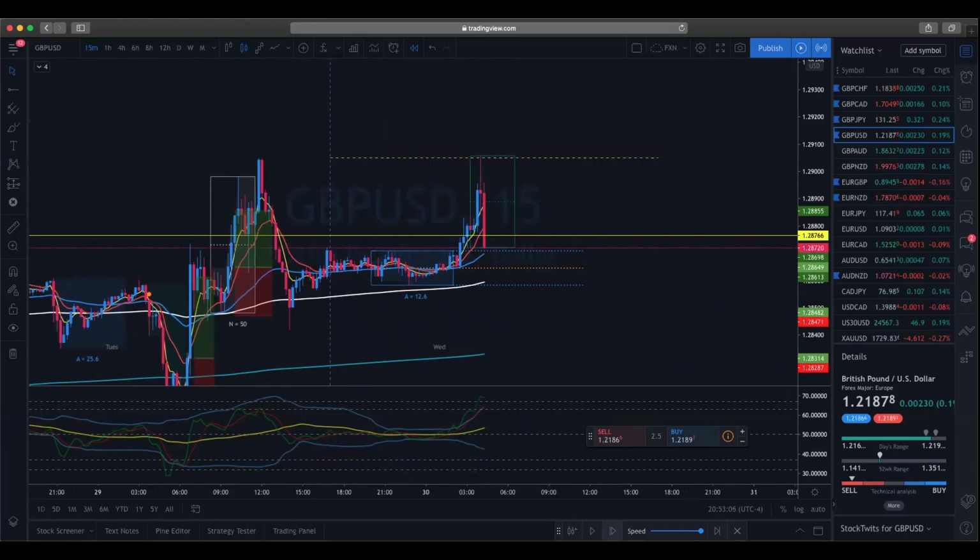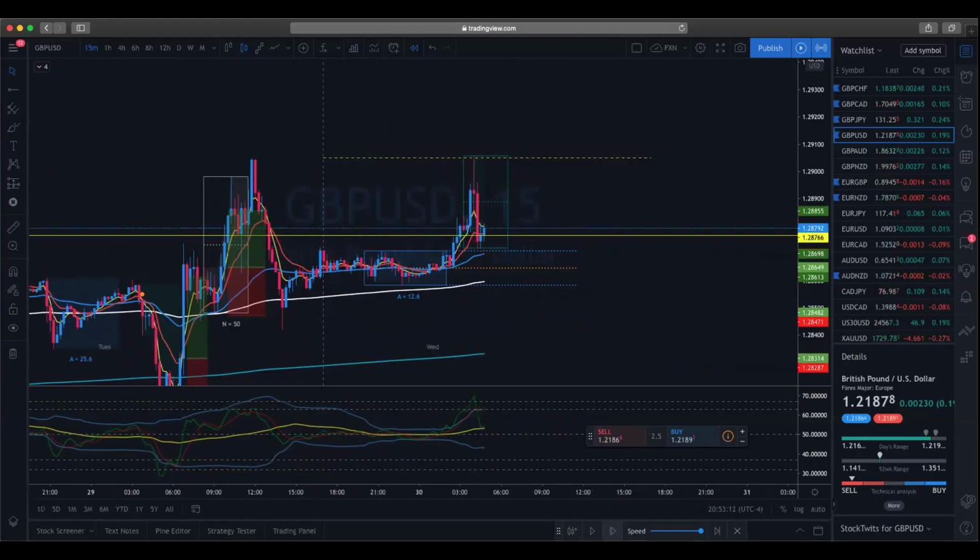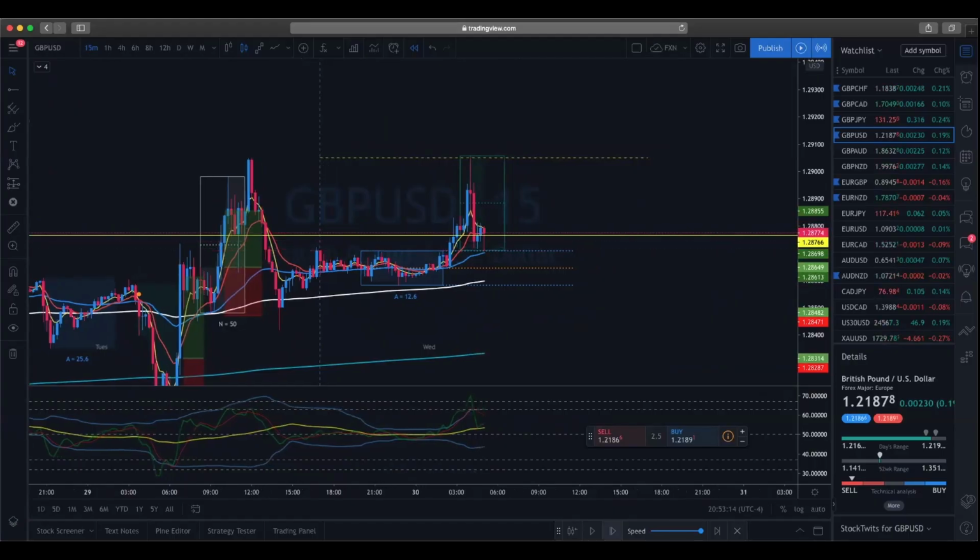Oh, we get that. What are we trading there, Gianluca? A short? Why are you trading a short there? Where's your second leg at, though?